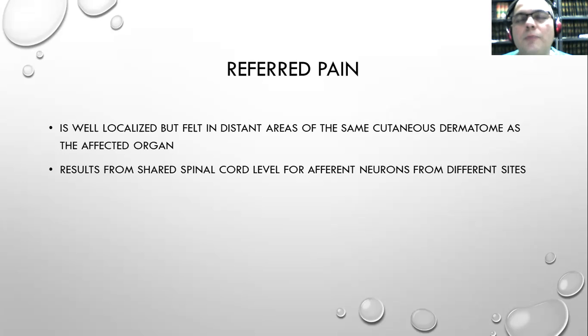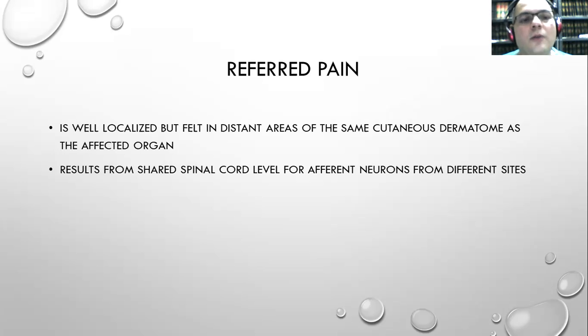So this pain at the right shoulder will be called a referred pain. In referred pain, though the pathology is well localized, the pain is predominantly felt in areas which are far away from the pathology, because they share the same nerve, the same cutaneous dermatome, with the pathological organ.